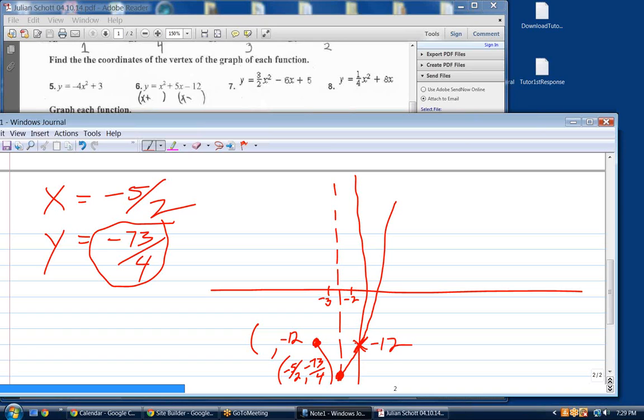How far away is this x that I've drawn from that line of symmetry? 2.5. Remember, the line of symmetry was at minus 5/2? So I'm 5/2 away from the y-axis. Well, because this is symmetrical, I must be 5/2 away on the other side also. So if this line is minus 5/2 and I'm 5/2 further this way, what's that point going to be?